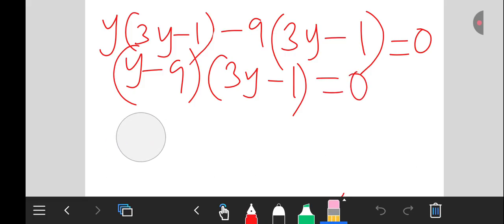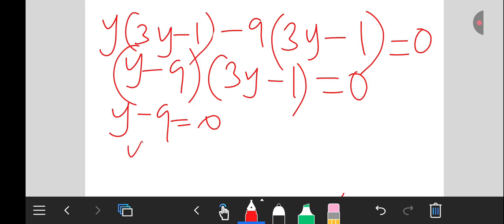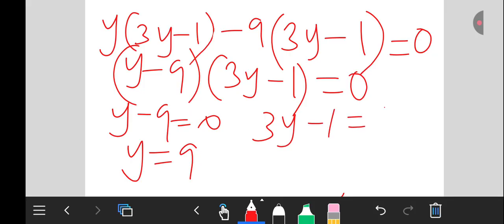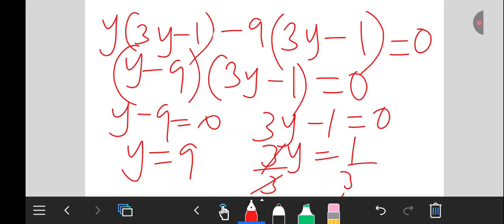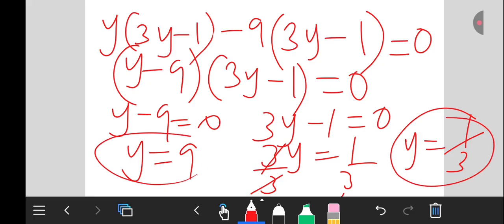So we can say y minus 9 is equal to 0, so y is equal to 9, and on this side 3y minus 1 is equal to 0. We can say 3y is equal to 1. We divide by 3 on both sides, and we're going to remain with y equal to 1 over 3. So these are the two solutions we have, but they are not final solutions.